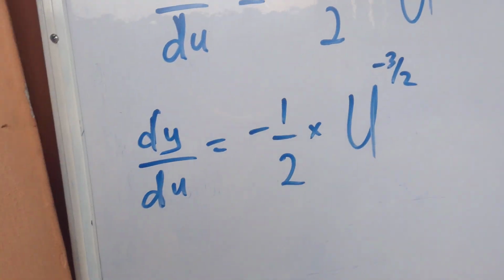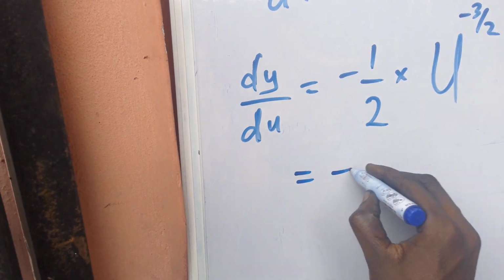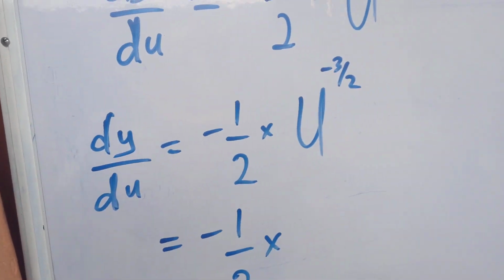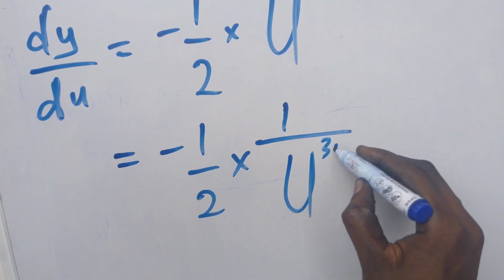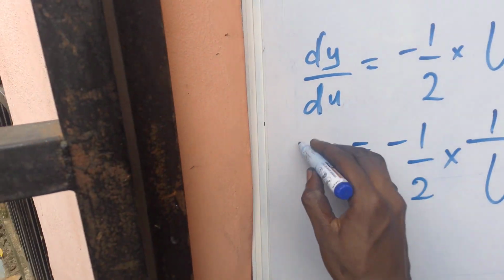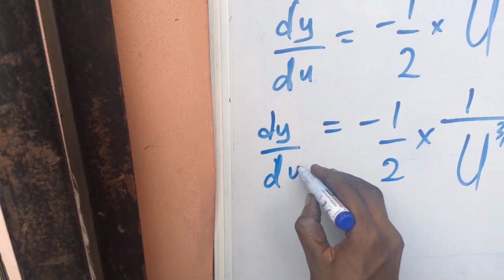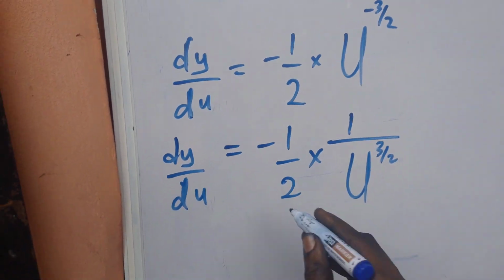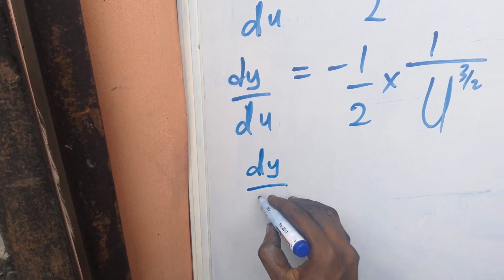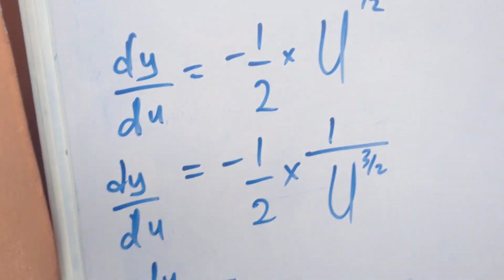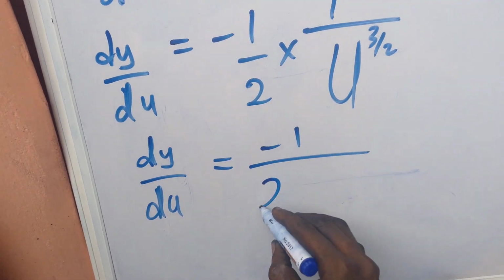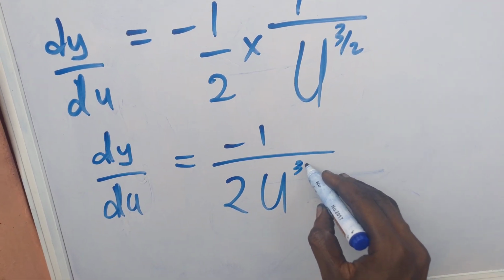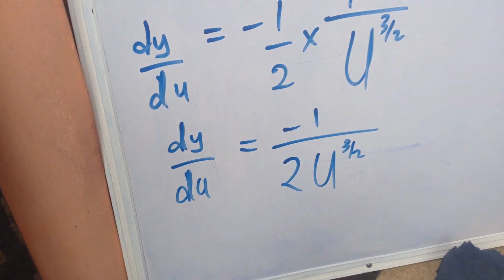So I have minus 1 over 2 times, if I take the reciprocal, 1 over u raised to power 3 over 2. So dy du is equal to minus 1 over 2 times u raised to power 3 over 2, which is the value of dy du.